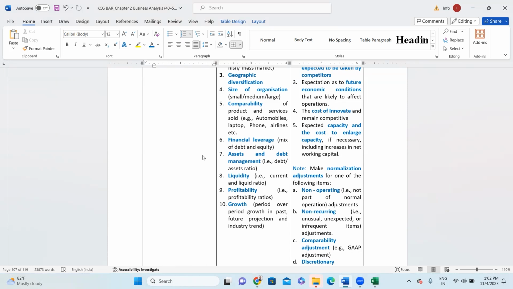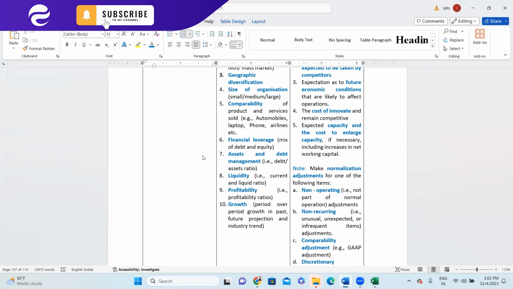The fifth one is comparability of the products and services which you are selling. For example, are you selling an automobile product? Let's assume you are selling a car, right? Is it a General Motors car, Ford, or maybe Volkswagen, Hyundai, right? And what features you have in different categories or different budgets of car, that you need to keep in mind.